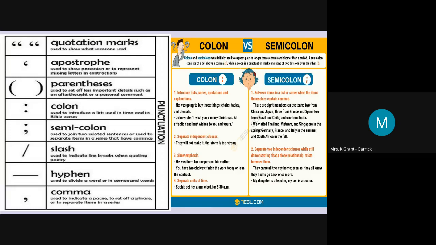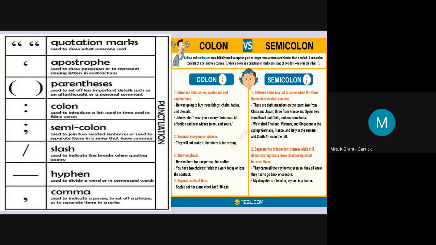So when we think about going over to the right there, where you have the first specified role: between items in a list or series when the items themselves contain commas. There we have it. There are 8 members on the team: 2 from China and Japan, so it's a long extended thing, not just a list now; 3 from France and Spain; 2 from Brazil and Chile; and 1 from India.